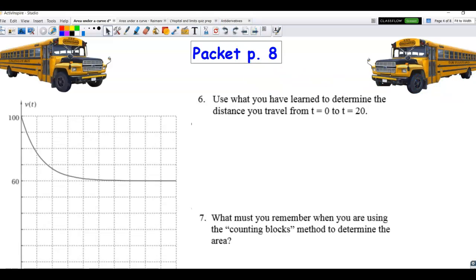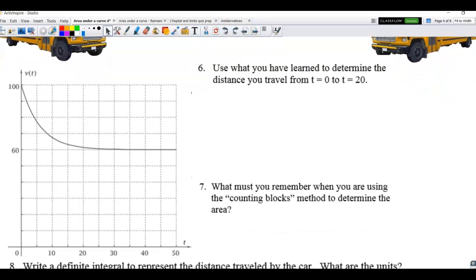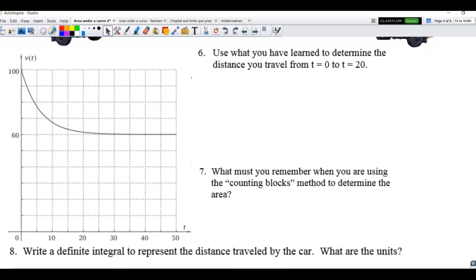All right, so let's use what you've learned to determine the distance you travel from 0 to 20 seconds. Notice we're going to have a little different region here. So here is 20 and 0 right here. Now let's write our definite integral.